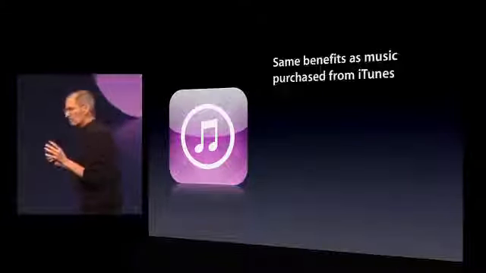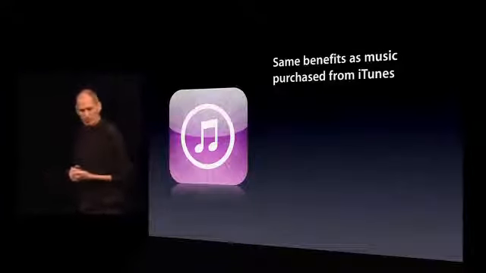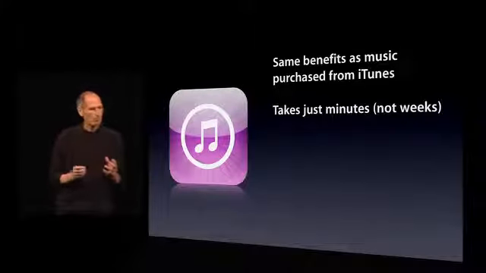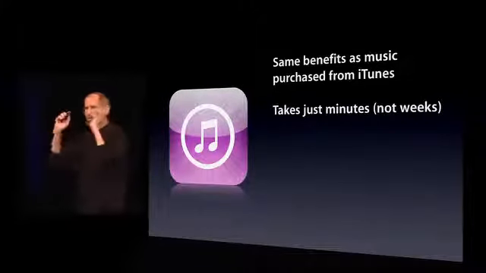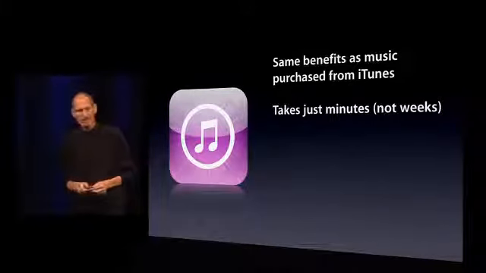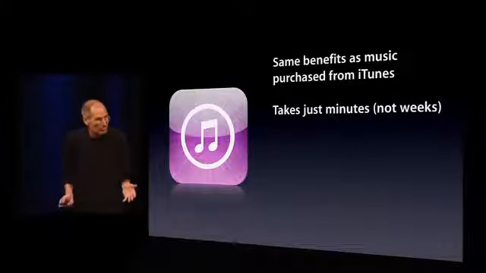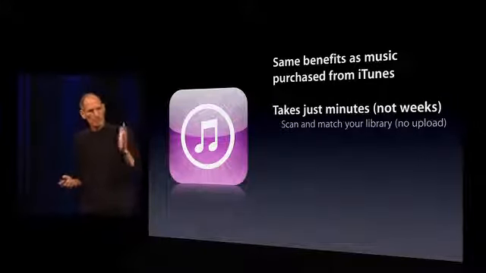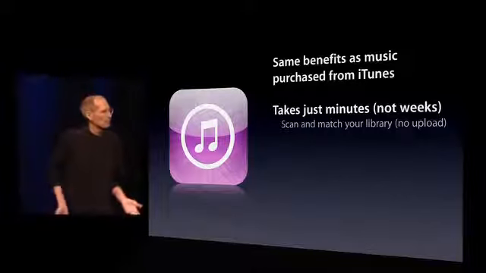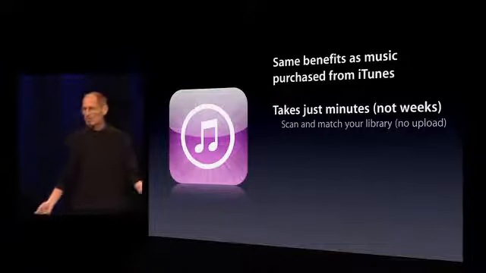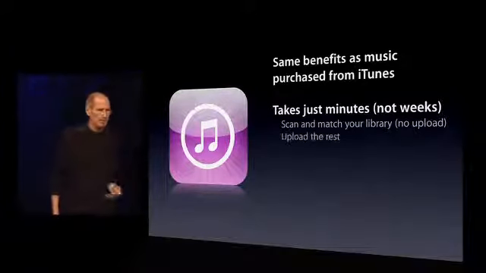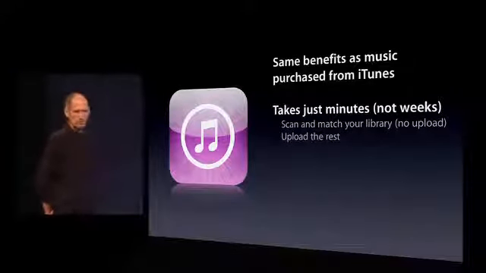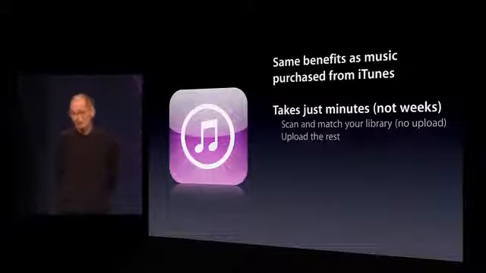And so we can give that music the same benefits as music purchased from iTunes, and it takes just minutes, not weeks. If you have to upload your whole library into some locker in the sky, that literally takes weeks. This takes minutes because we're scanning and matching your library, so we don't need to upload that large part of your library. And the few songs that remain, well, we'll upload them. But with 18 million songs, we're most likely to have what you've got.